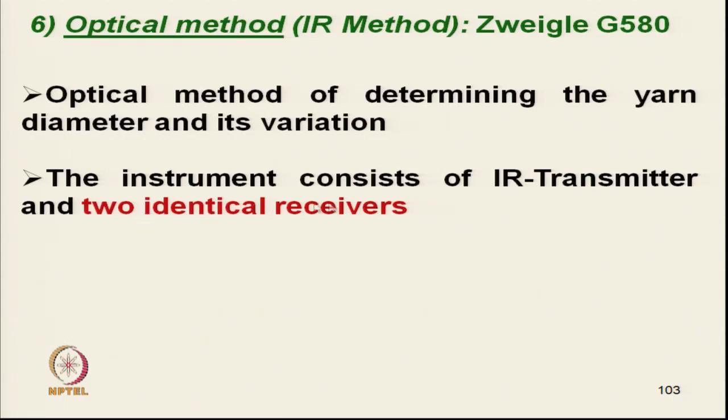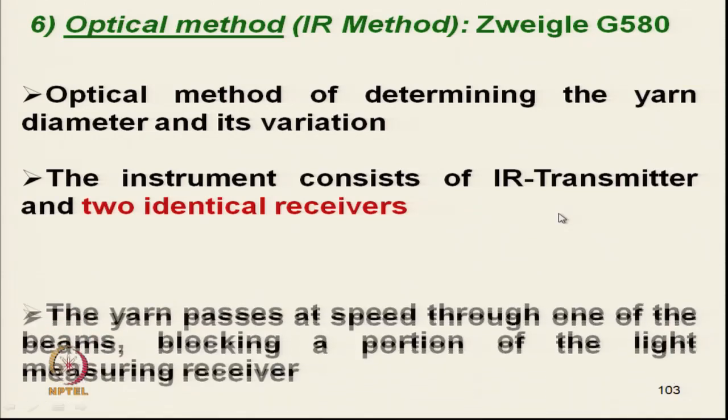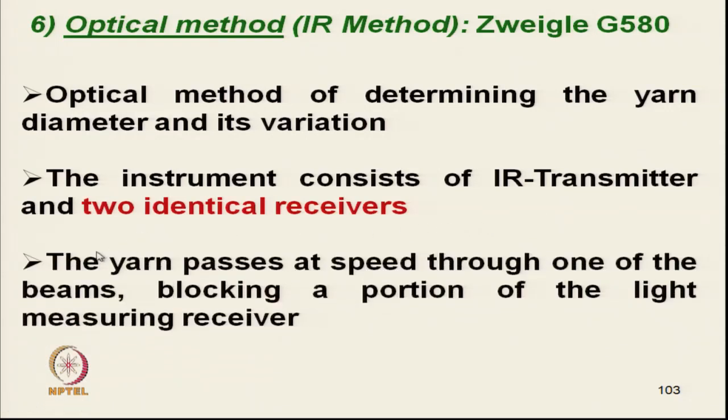The instrument consists of two identical IR transmitters and identical receivers, and through one of the rays the yarn will pass and block it partially, and it will be compared with the reference receptor.